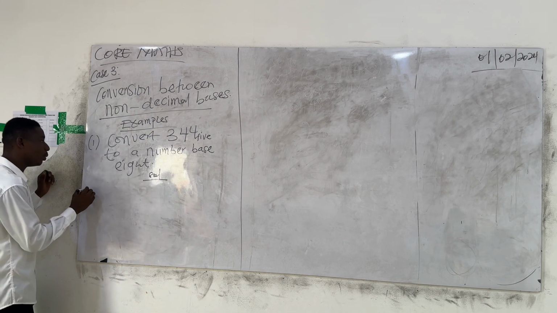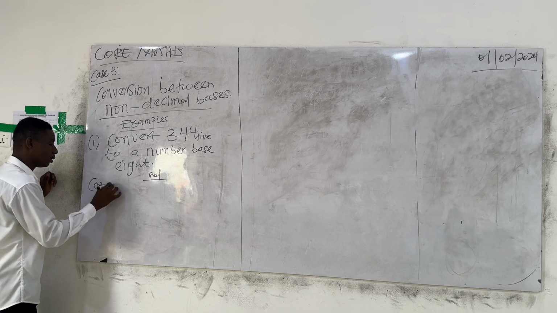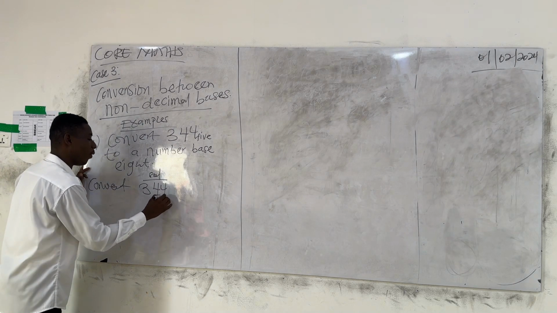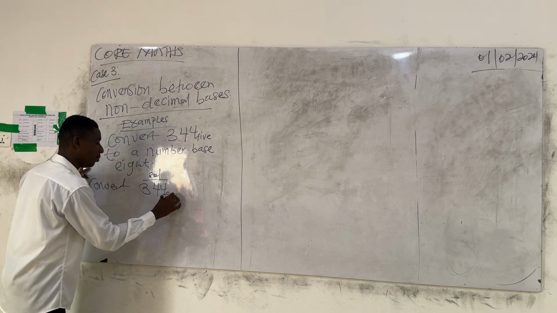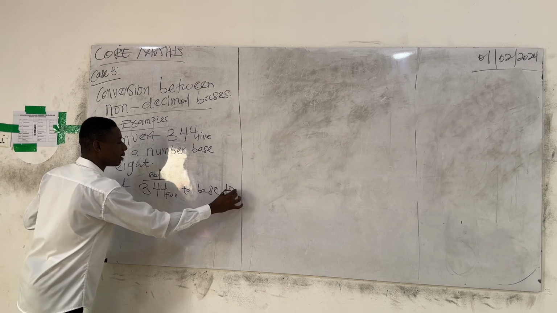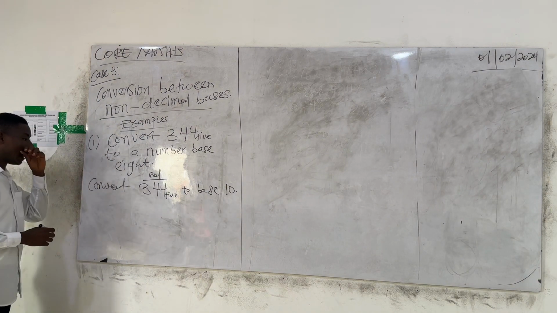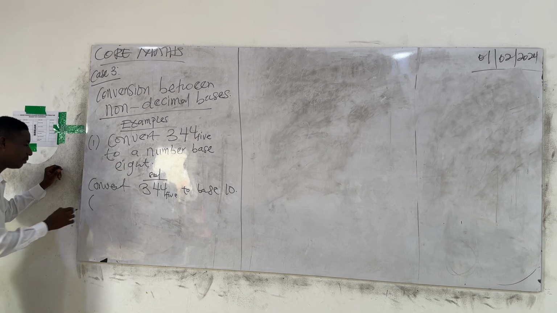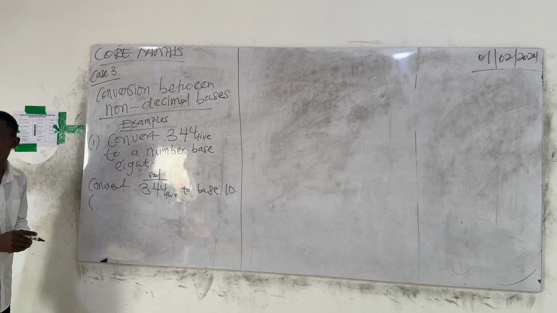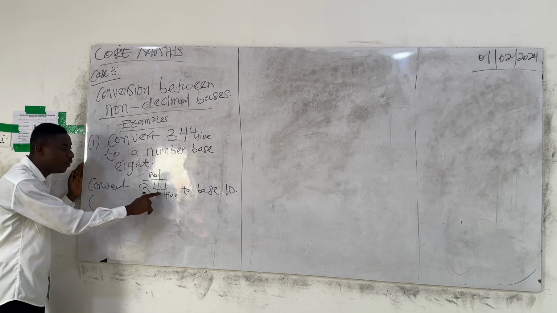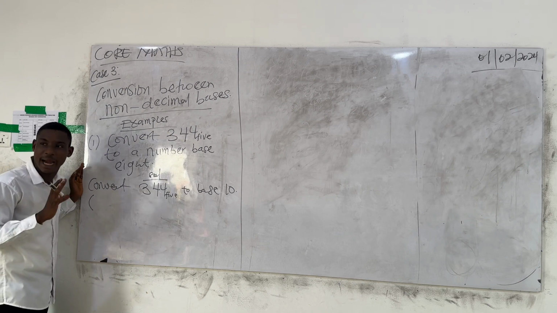So let's do so. Convert 344 base 5 to base 10. And how do we do that? We said the first step is that you pick each individual element and multiply it by the base.